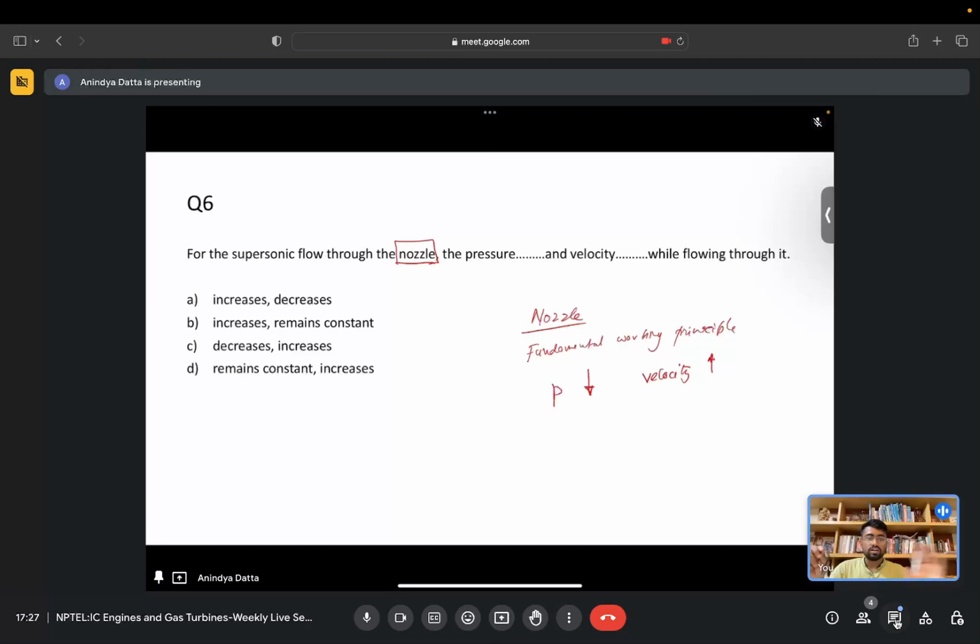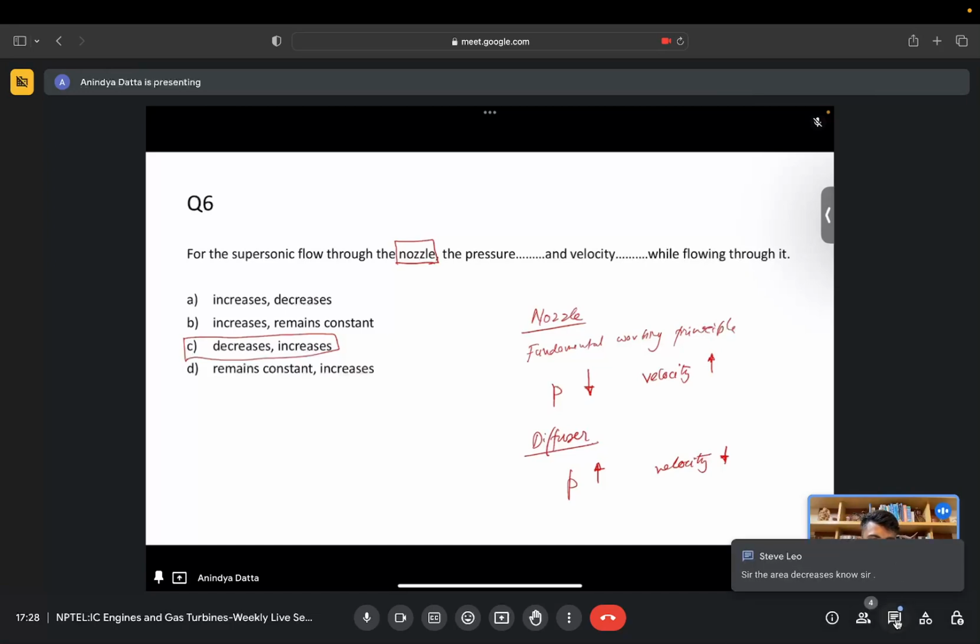Whatever the flow, whether supersonic or subsonic, in a nozzle the pressure will decrease and velocity will increase. And again, I want to repeat, for a diffuser pressure will increase and velocity will decrease. Remember, this is static pressure. We are not talking about stagnation quantities here. Static pressure will increase in a diffuser and velocity will decrease.